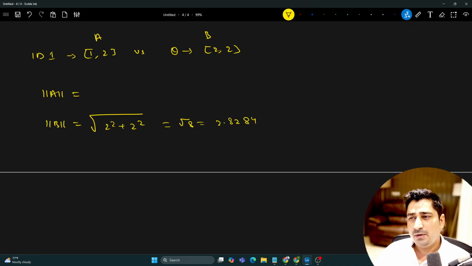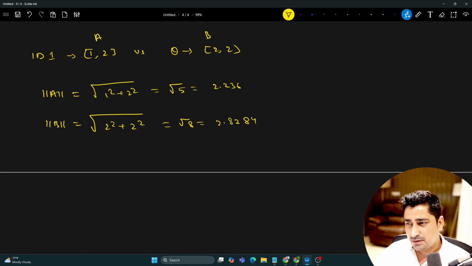For A, it is 1 square plus 2 square, so we are basically finding the magnitude. It is root of 5, which is eventually 2.2361. So we are able to find this.